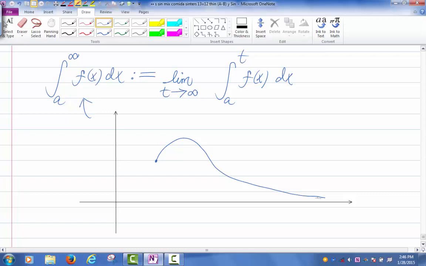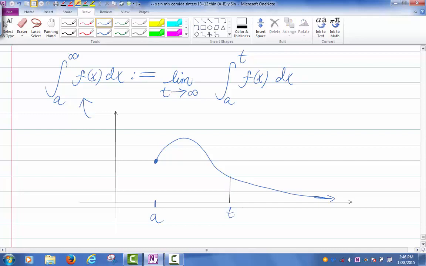So the graph is going like this, and let's say this is the point where I have a. Now, can someone tell me what the integral from a to t gives you?